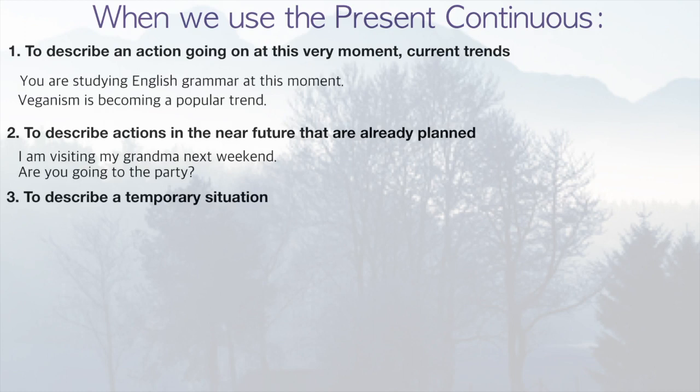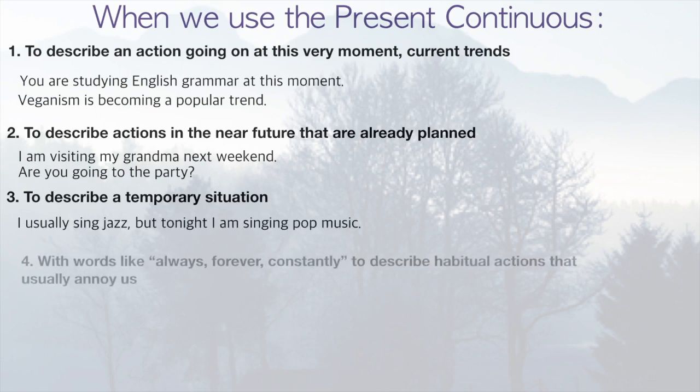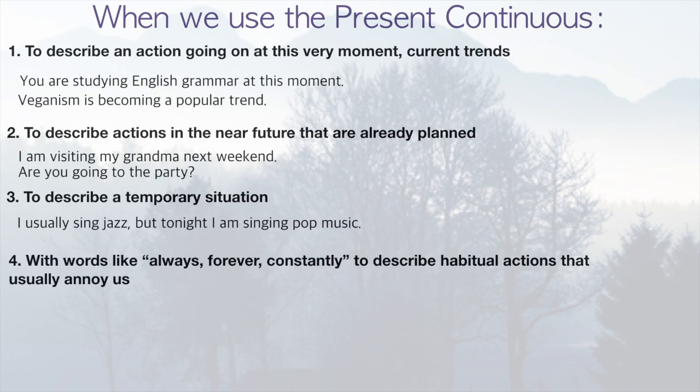We use it to describe a temporary situation. This is a situation that might change. And last but not least, we use it with words like always, forever, constantly, when we are describing habitual actions that usually annoy us.